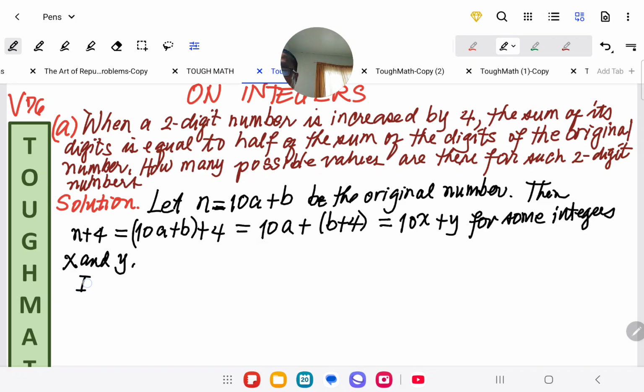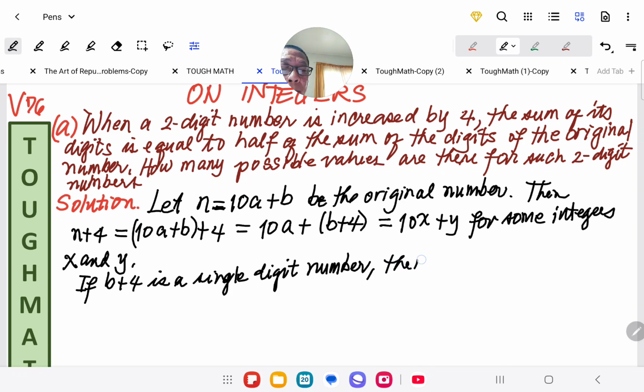Now, if b plus 4 is a single digit number, then x is equal to a and y is greater than b.